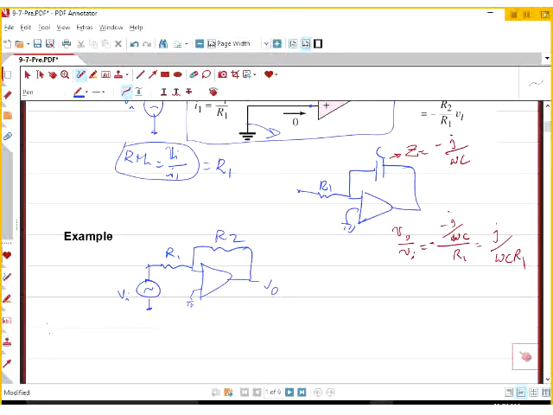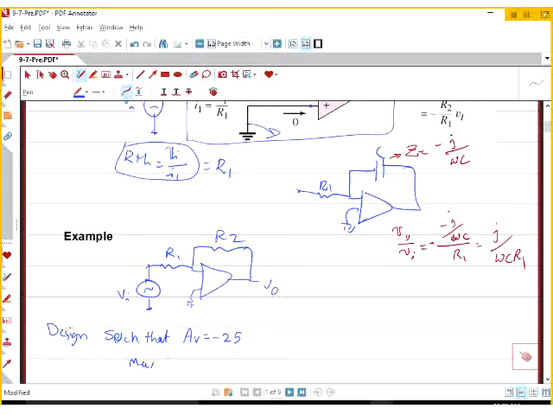The problem is to design it such that your gain is minus 25.